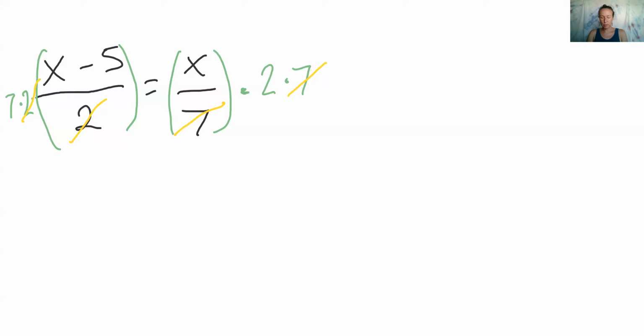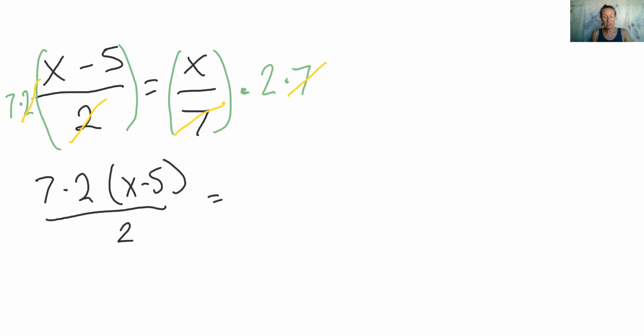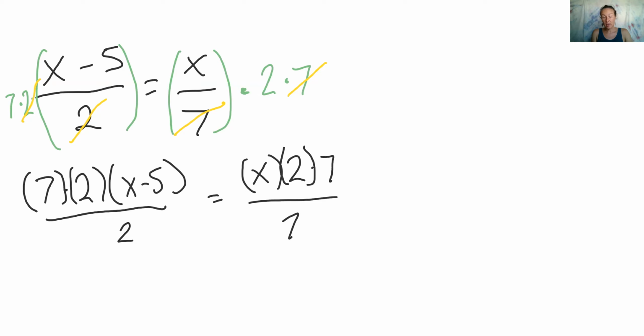If that makes you uncomfortable, you can go ahead and rewrite both sides of your equation, which is going to be 7 times 2 times x minus 5 all over 2 is equal to x times 2 times 7 all over 7. And remember, now each thing in parentheses in the top is a factor. And so if things match in the top and the bottom that are factored, we can cancel them out. So that's how we get to cancel out that 2 and cancel out that 7.